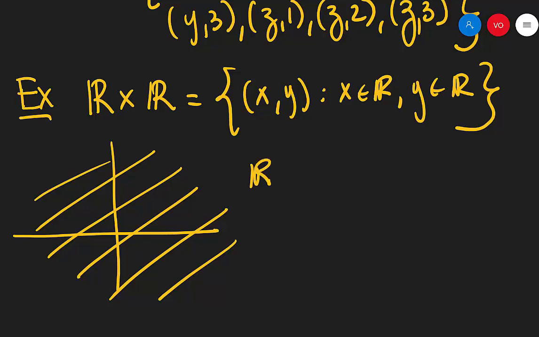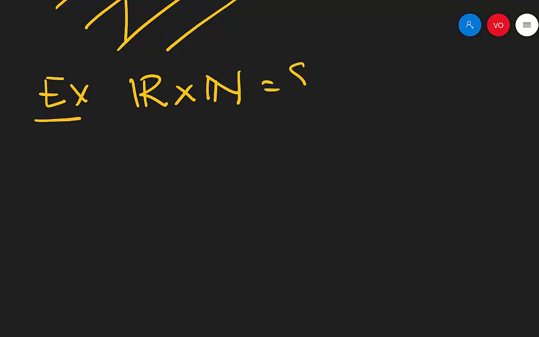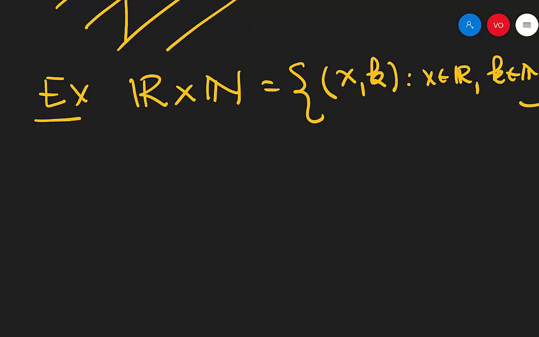This R cross R can be regarded as R^2, which is usually what we call R squared. You can also have, for instance, R cross N, which would be the set of all ordered pairs of the type (x, k), where x is a real number and k is a natural number.